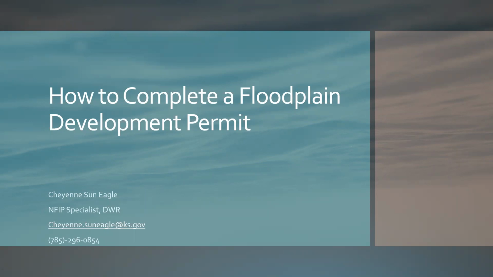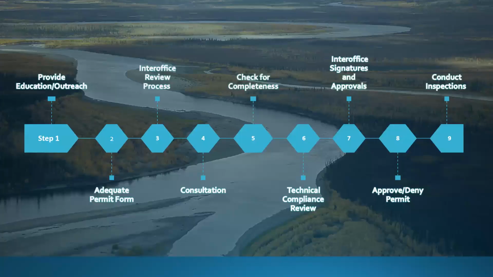Floodplain development permits are the backbone of NFIP participation for a community because of our obligation to permit all new development. I've broken it out into a couple of steps to clarify the process.